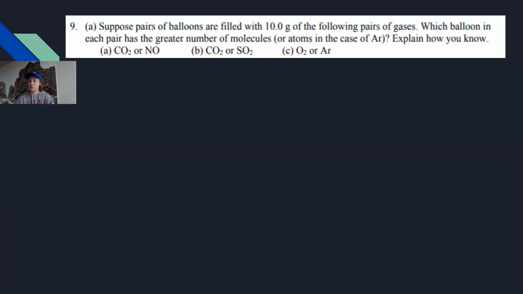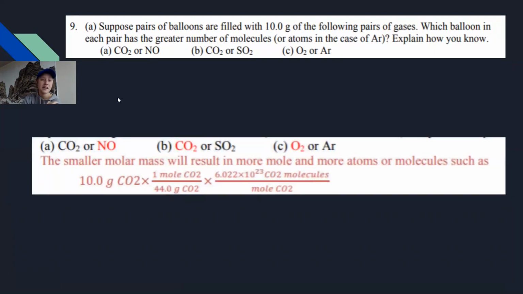Okay, so for 9, we need to see which one has the greater number of molecules. Whichever one has the smaller molar mass is going to have more atoms or molecules because you're dividing by a smaller number.